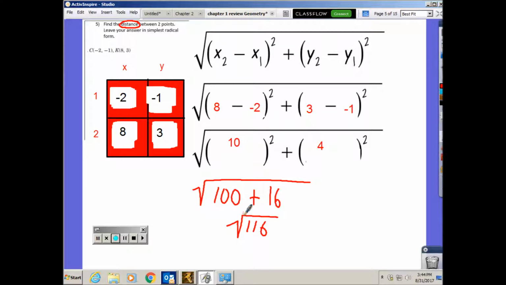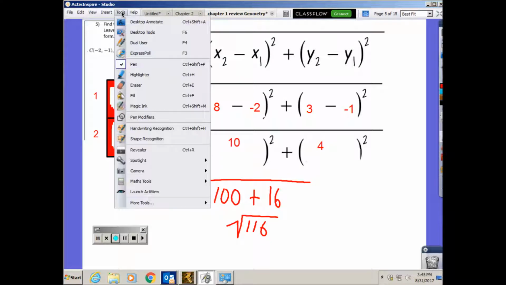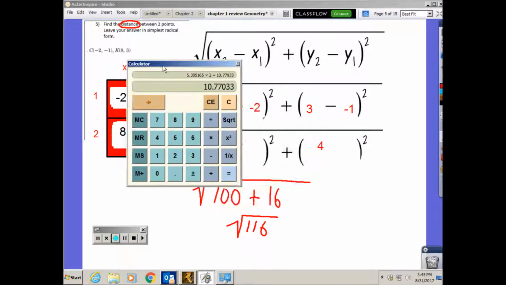So right now I'm at the square root of 116. I want to see if there are any perfect squares that are factors so I can simplify this further. Since I have an even number, obviously it's divisible by 2, but since 2 is not a perfect square, that's not going to help me. One of the first things I do is take my calculator. Whenever I have an even number, I check: is it divisible by 4?